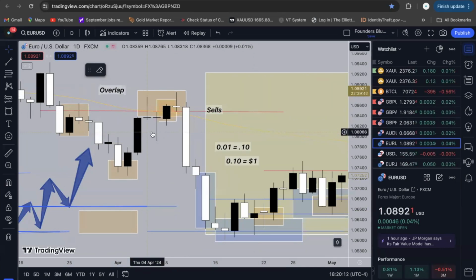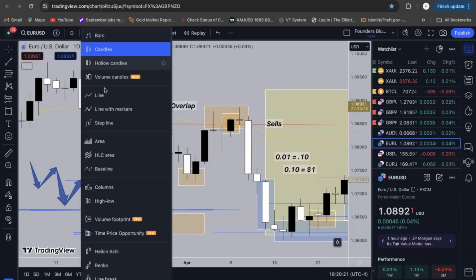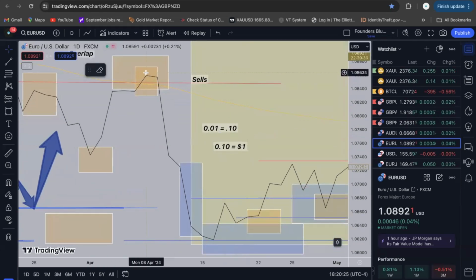Same thing down here. It closed beyond this level of support. If we look at it from a trend line perspective, it closed beyond this level of resistance.